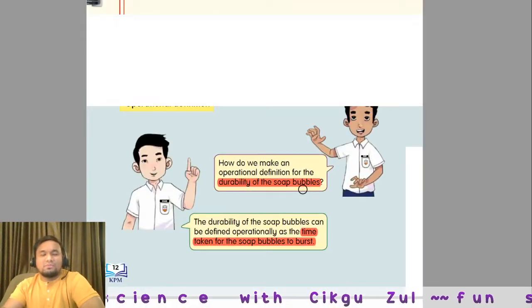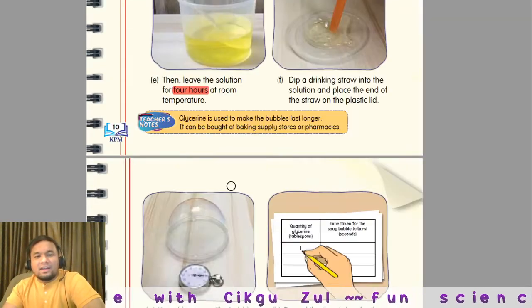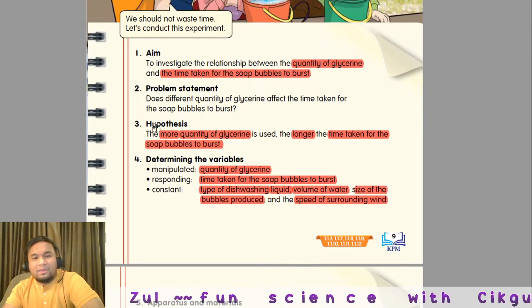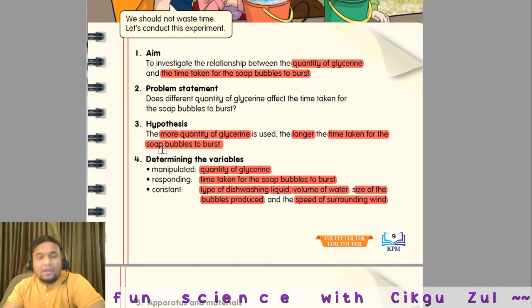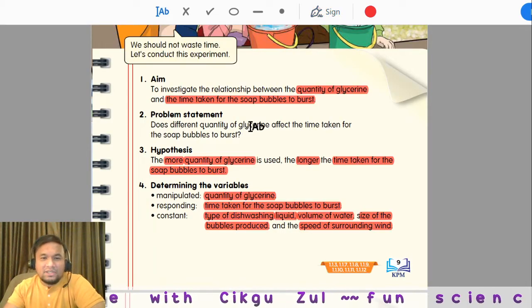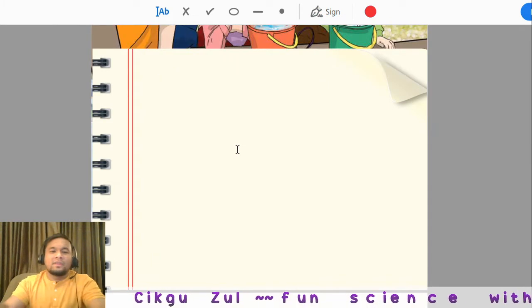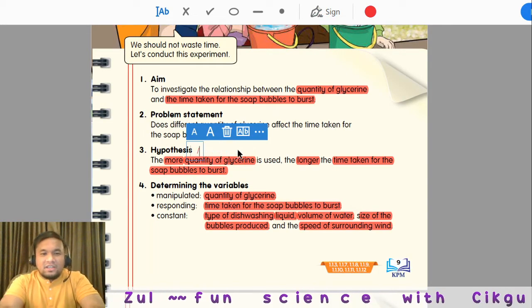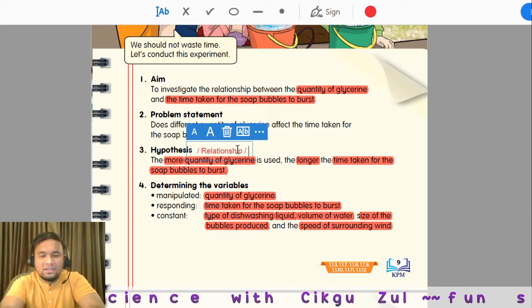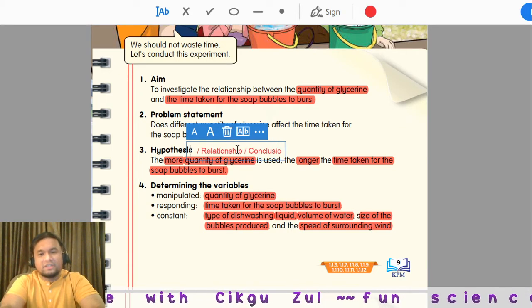Okay, so now sama juga. Sekarang, kan kita dah jumpa dekat muka surat ni hipotesis. Betul? So, hipotesis sebenarnya sama seperti cikgu slash dekat sini. Relationship slash lagi conclusion.